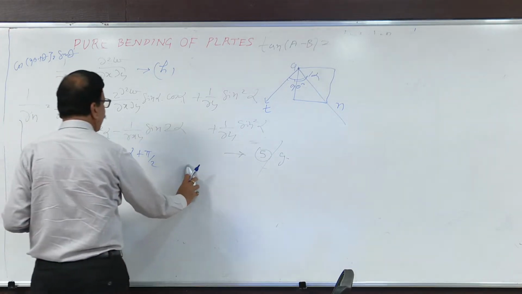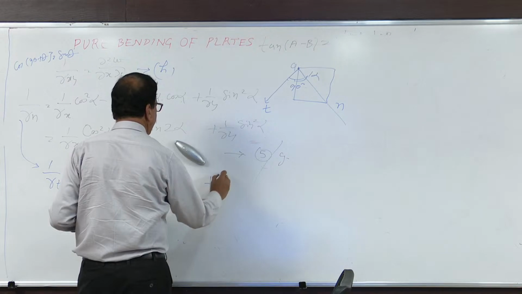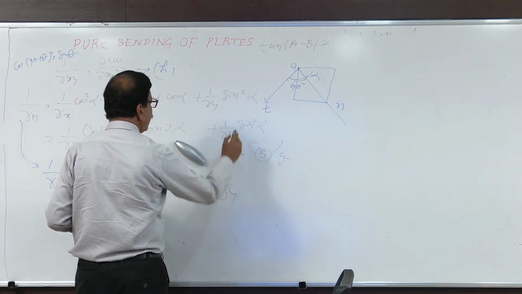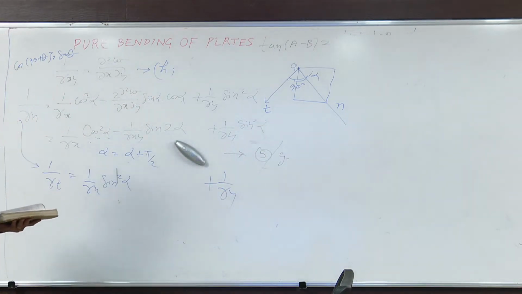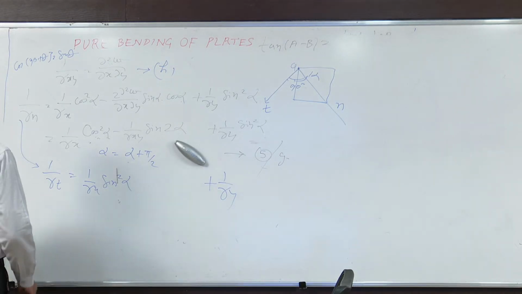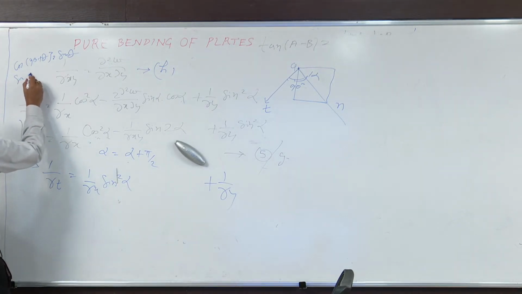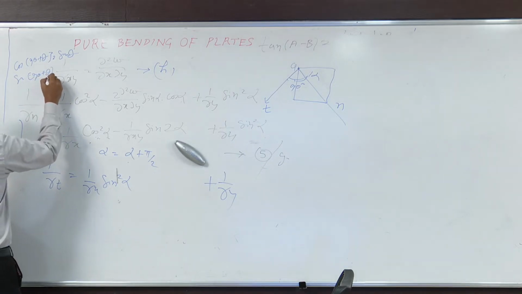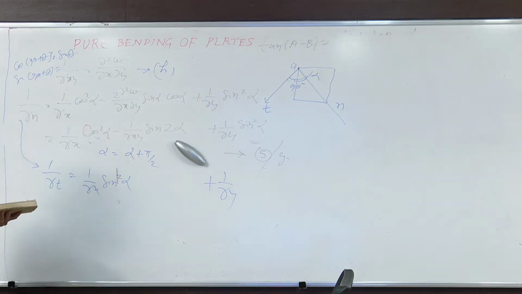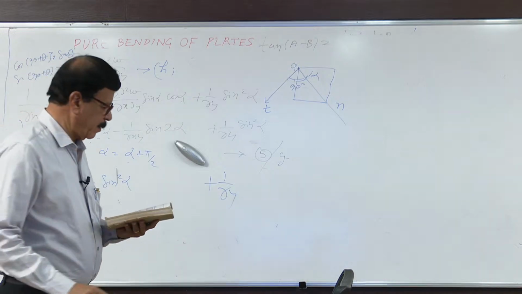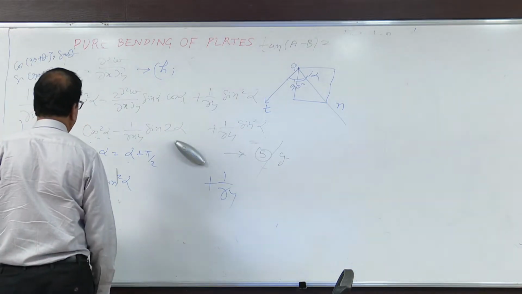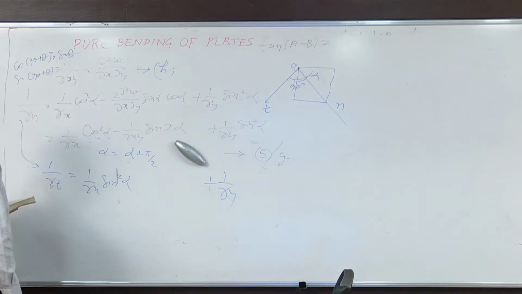Here sin theta plus 90 plus theta. साइन में क्या होता है? Sin 180 plus theta. Not 180, it is 90.